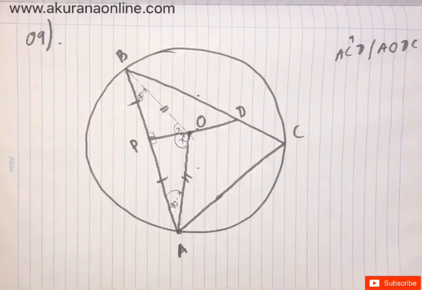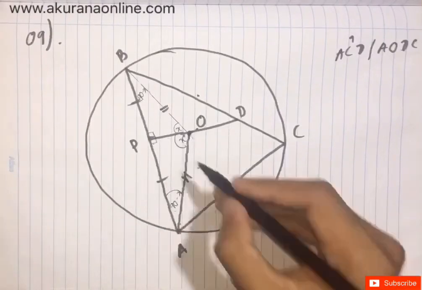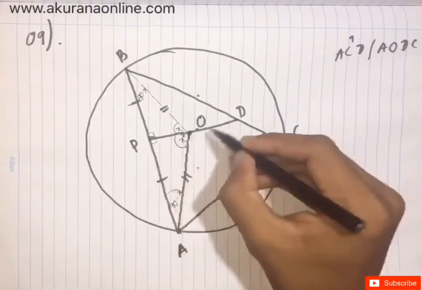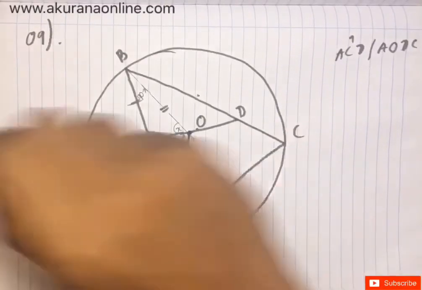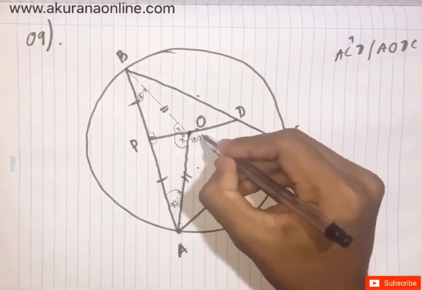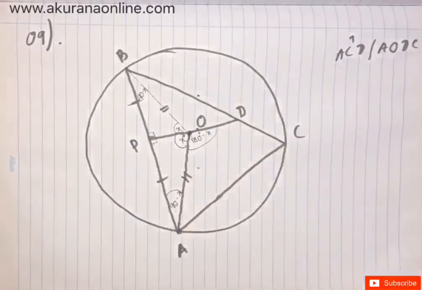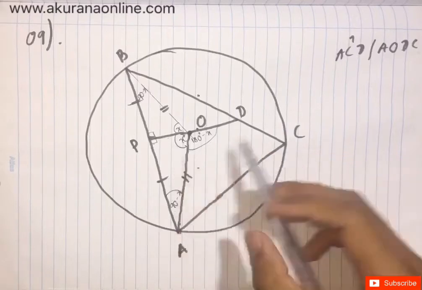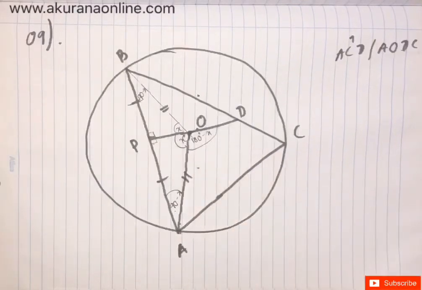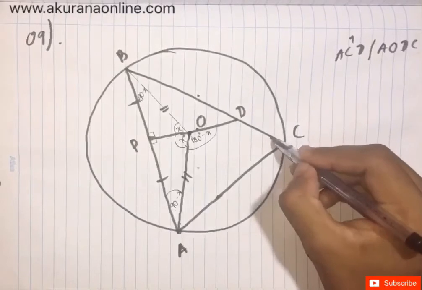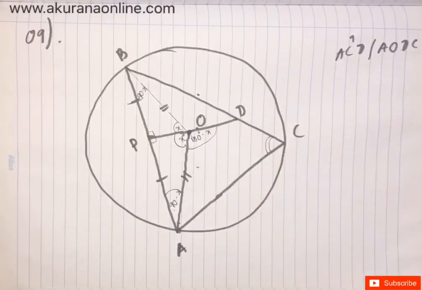Now taking this as a straight line, if this is equal to X, how much is the other side? It is equal to 180 minus X. Now you have taken this part, this is 180 minus X. You should find angle ACD. Am I right? Okay. Now how do you find it?